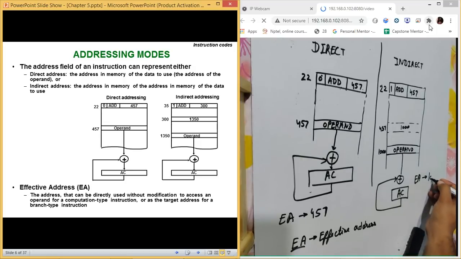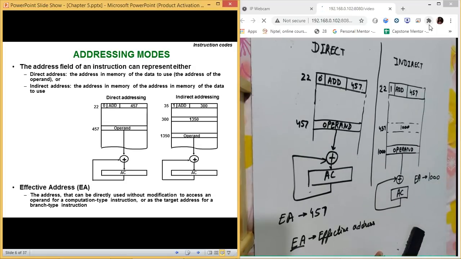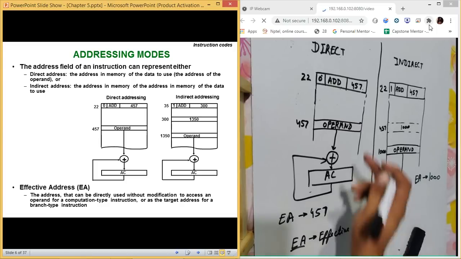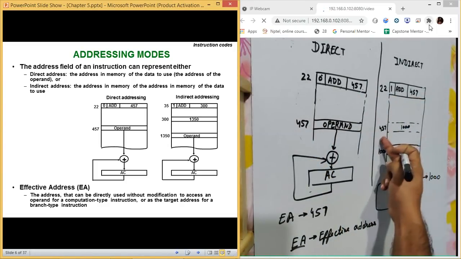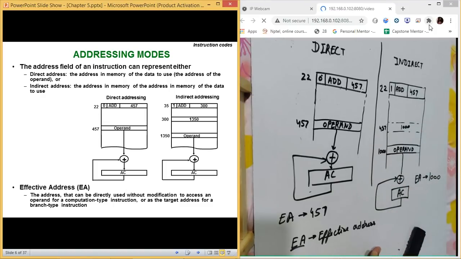So effective address in this case will be 1000. So this is what effective address means. The address which we are going to use to access the operand will be my effective address. In this case, it is 457, but in this case, it is 1000.